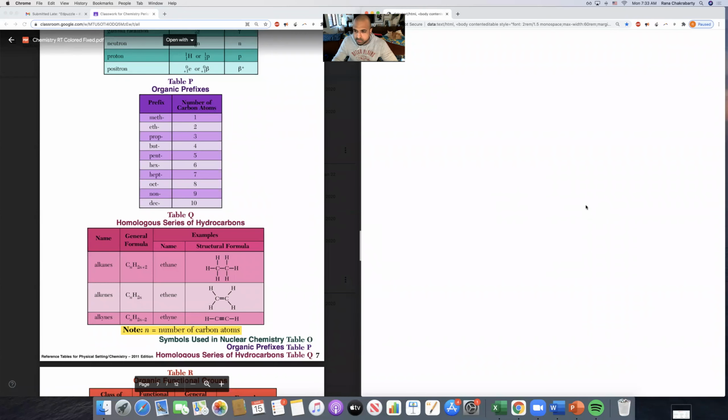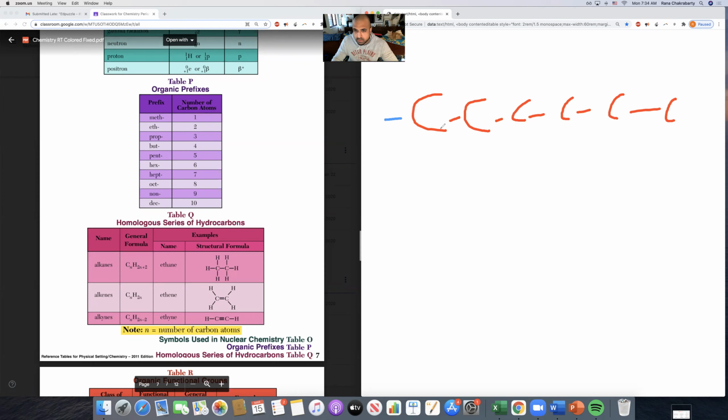Hello everyone. So this is my attempt to explain more complicated isomers. So let's do a little more complicated saturated hydrocarbons. Just to review, drawing the carbons first and hydrogens later.